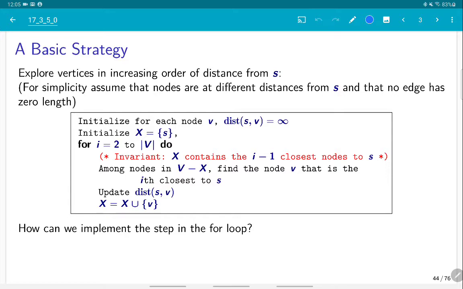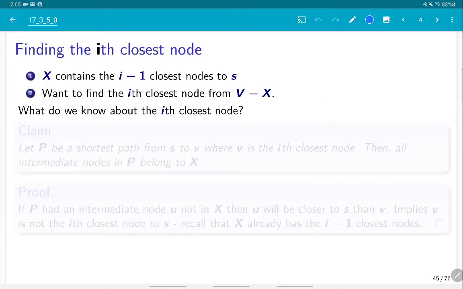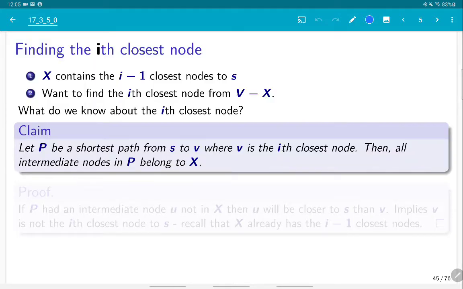Of course, the question is how do we implement the details exactly. What do we know about the ith closest vertex, this vertex that is outside X? X contains the I-1 closest to S, and now we have the vertex V, which is just outside.